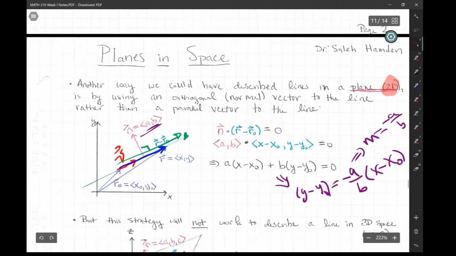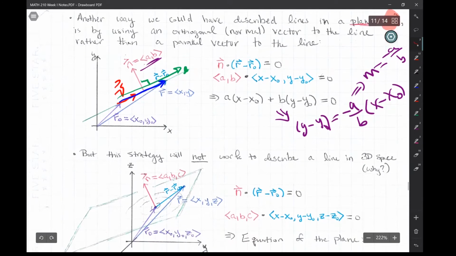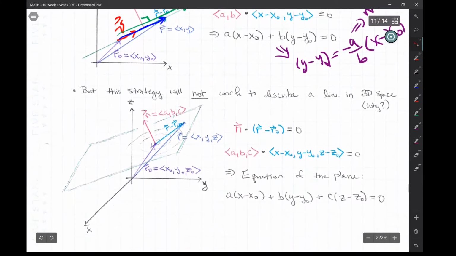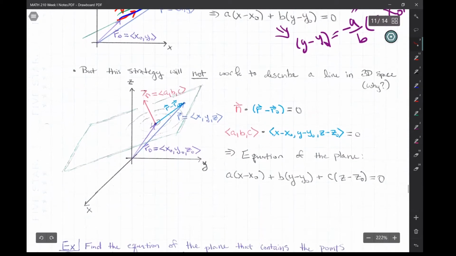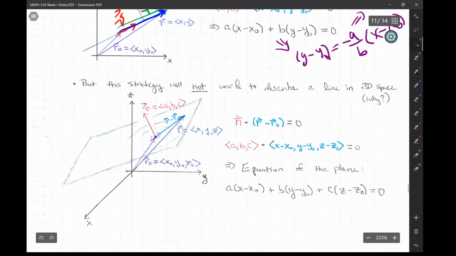I hope you've thought about it for a minute and have come to the conclusion that this wouldn't work, to give a normal vector, because there are actually in space many vectors that are perpendicular to the normal vector that are not just on a line, but on many different lines.